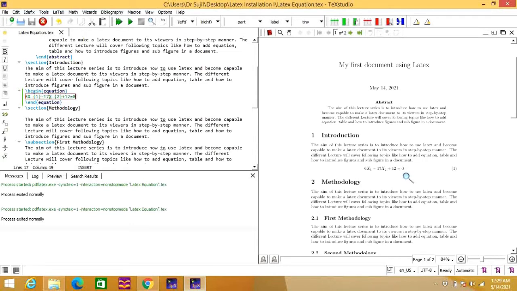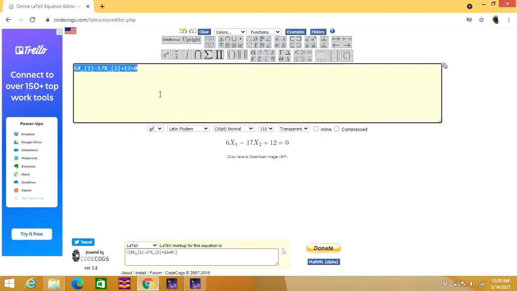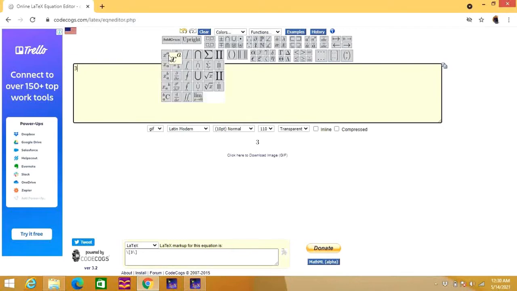Now let us write another equation. For that we need to again go here, so I am deleting this. I need to write another equation which is 3 into x1 square.